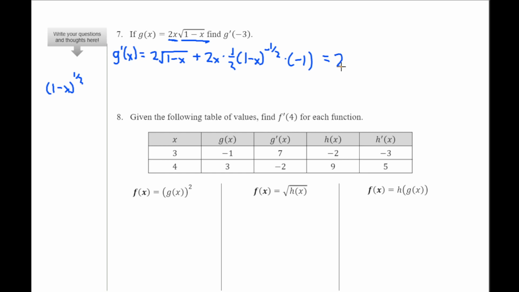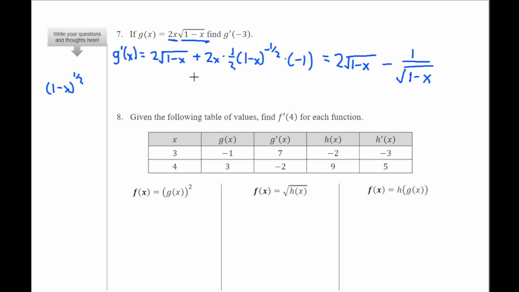Let's rewrite this as 2 root 1 minus x. You see how the 2 and 2 cancel out and it becomes a minus 1 over, because it's a 1 minus x to the negative 1/2, it's a square root of 1 minus x on the bottom here.